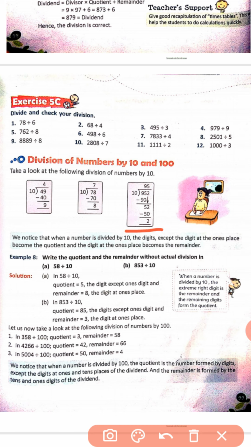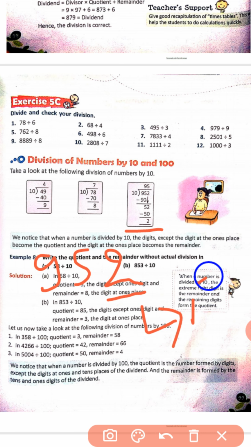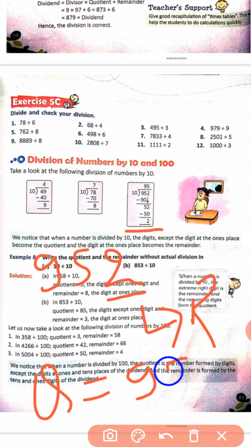Now in 952, when we divide 952 by 10, in this also the ones place digit is the remainder, and the remaining digits, which is 95, will be the quotient.